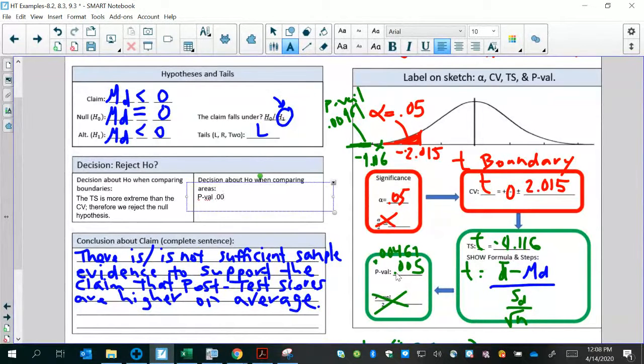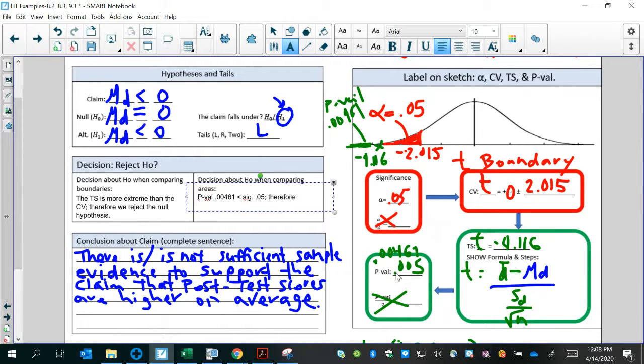Low compared to what? Low compared to the other area or the other probability. So the p-value is less than or equal, say less than, the significance alpha of 0.05.